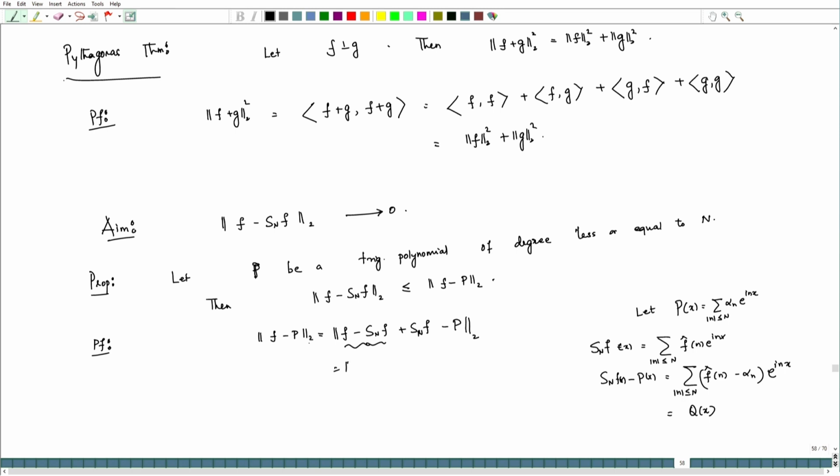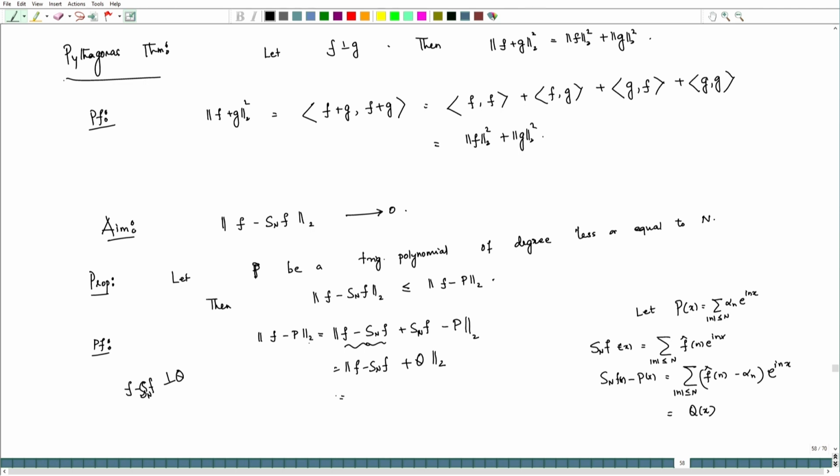So let me rewrite this as S_n f plus q. As we have seen previously, f minus S_n f is perpendicular to q.